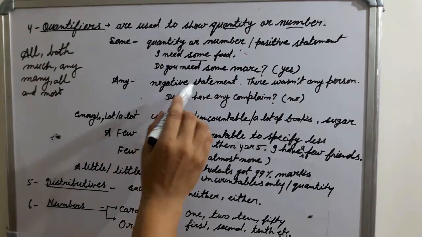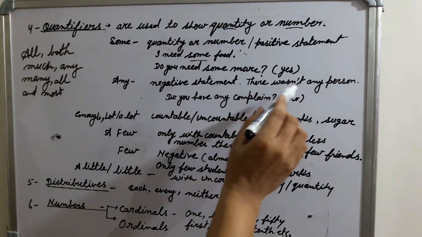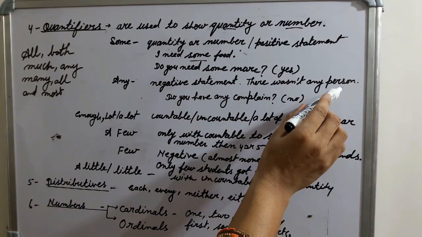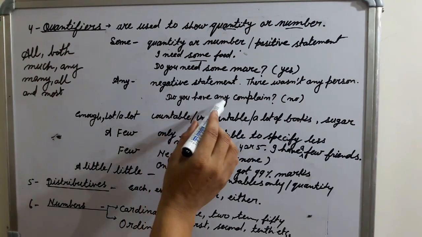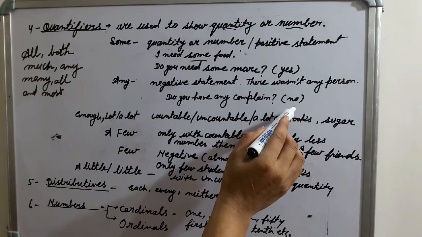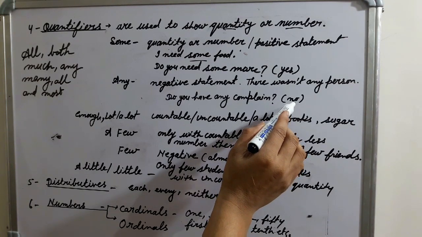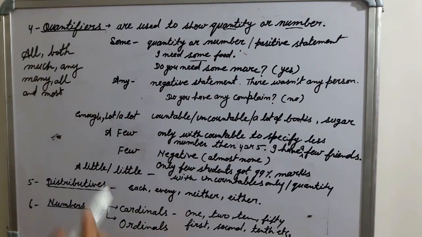Any is used in negative statement. For example, there wasn't any person. Question is, do you have any complaint? The expected answer is no. So some is positive and any is negative.